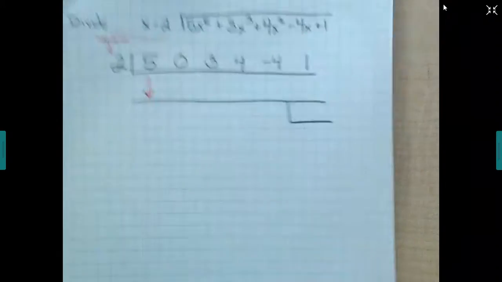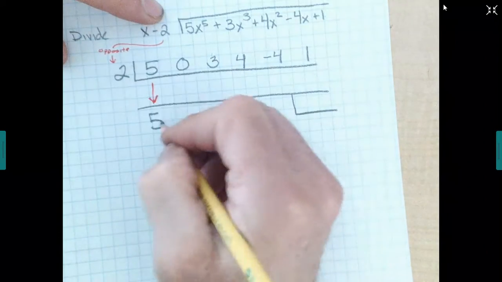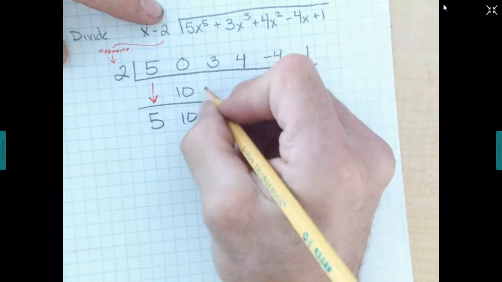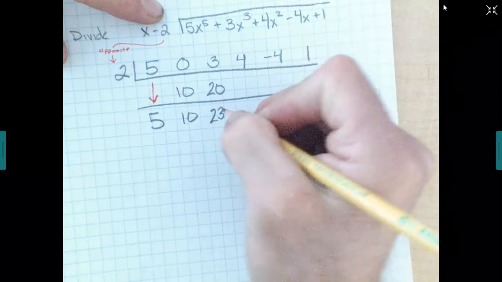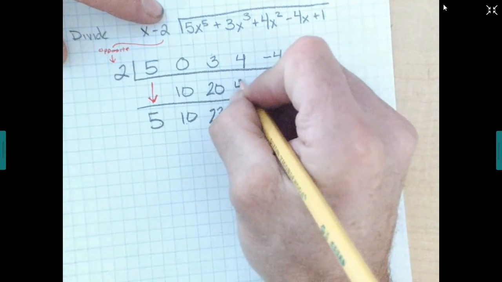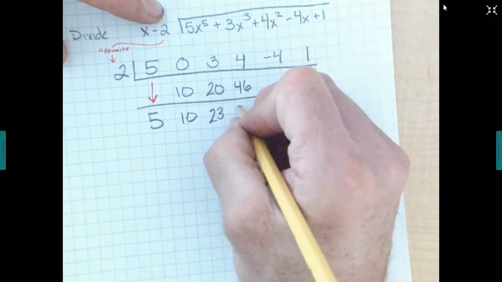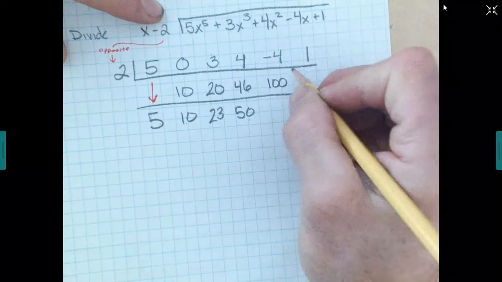So bring down. So I have 5. Multiply. 2 times 5 is 10. 10 plus 0 is 10. 2 times 10 is 20. 3 plus 20 is 23. 2 times 23 is 46. 46 plus 4 is 50. 2 times 50 is 100.